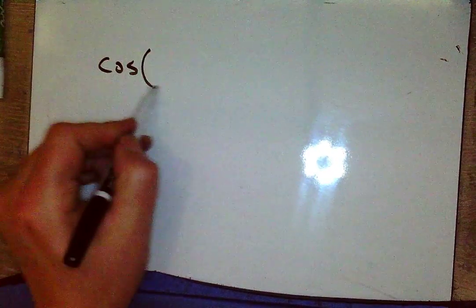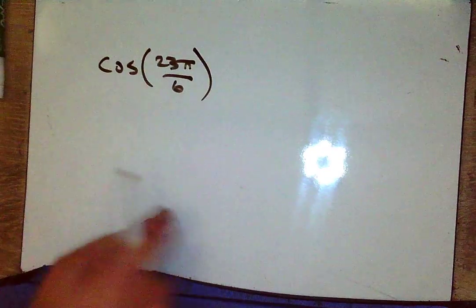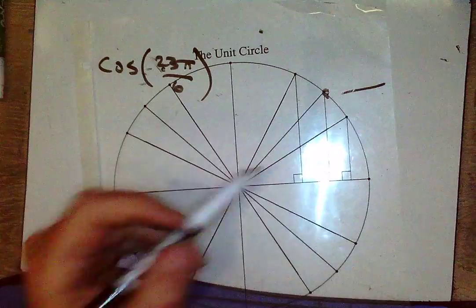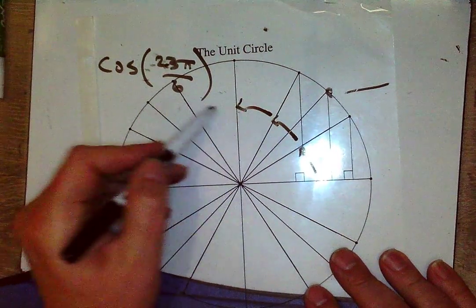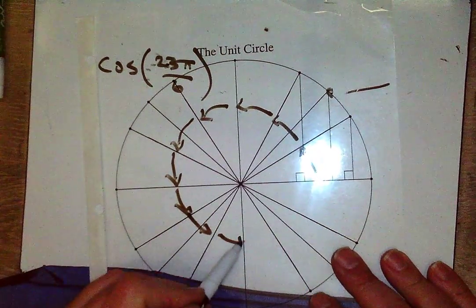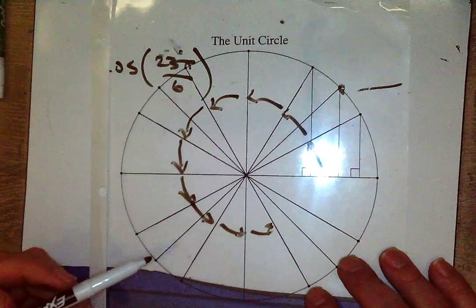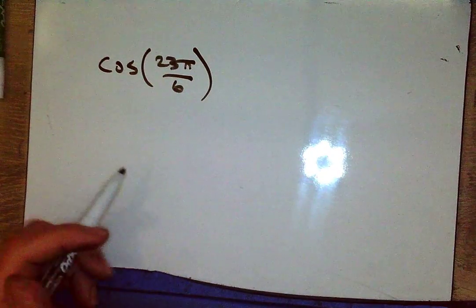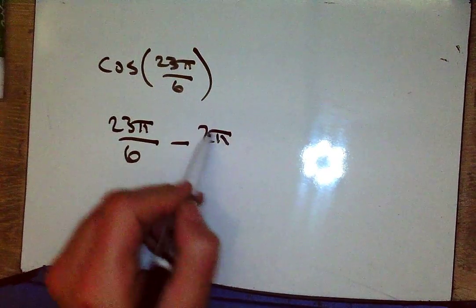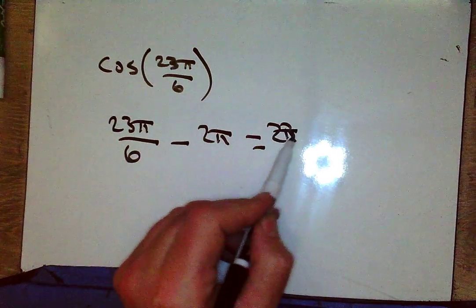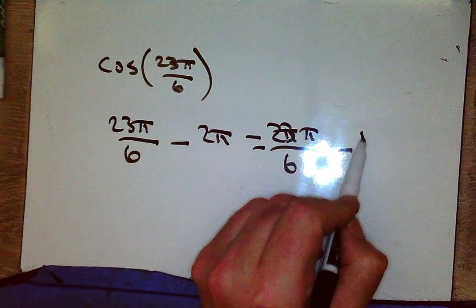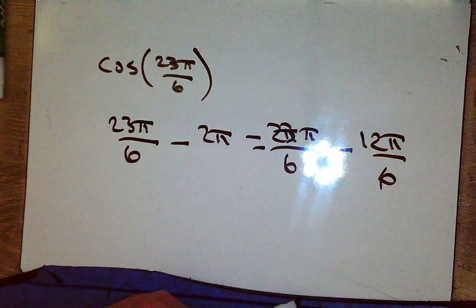How about the cosine of 23 pi over 6? Well, I love the counting method here. 1 pi over 6, 2 pi over 6, 3 pi over 6, 4 pi over 6, 5 pi over 6, 6 pi over 6, 7 pi over 6, 8 pi over 6, 9 pi over 6, 10 pi over 6. Oh my god, I'm not even halfway there yet. So instead, can we take this 23 pi over 6 and subtract 2 pi? That's 23 pi over 6 minus 12 pi over 6.